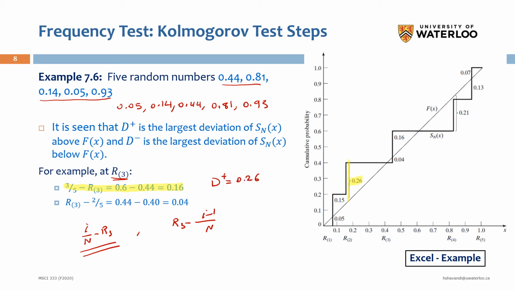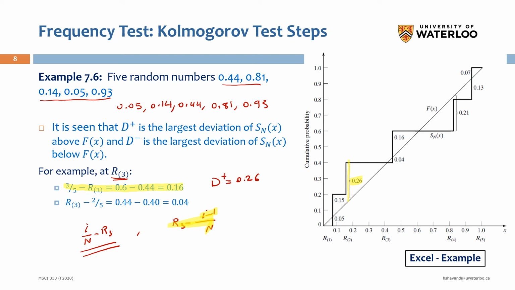For calculating D minus, we consider (i minus 1) divided by N instead of i over N. The reason is that if we consider i, then the last number would always be 1. But for a continuous distribution, the probability of having an exact number in a continuous range is 0.